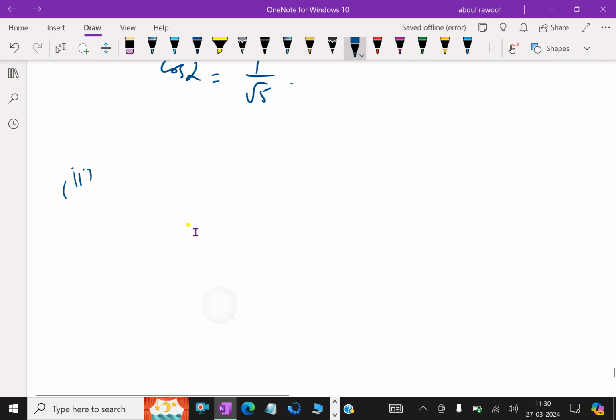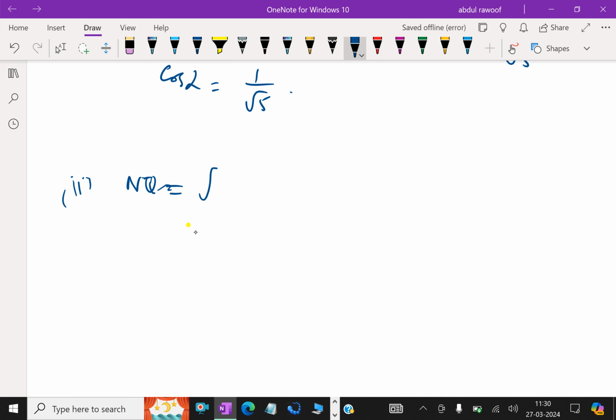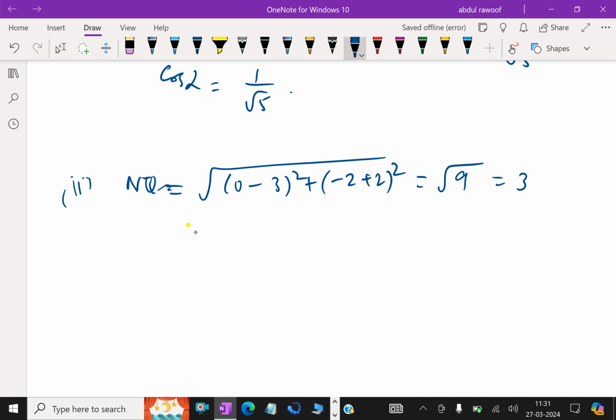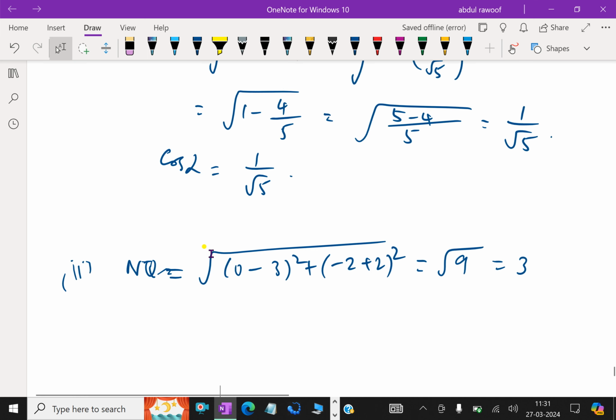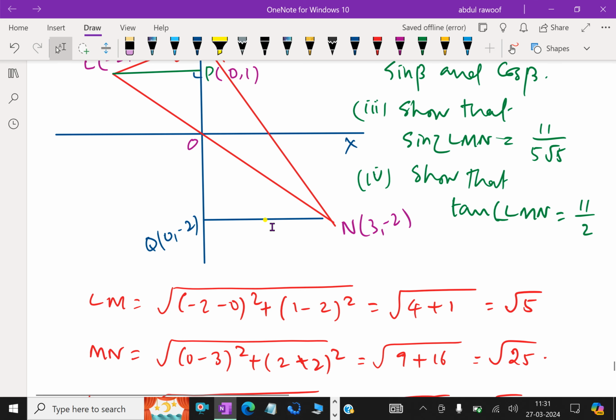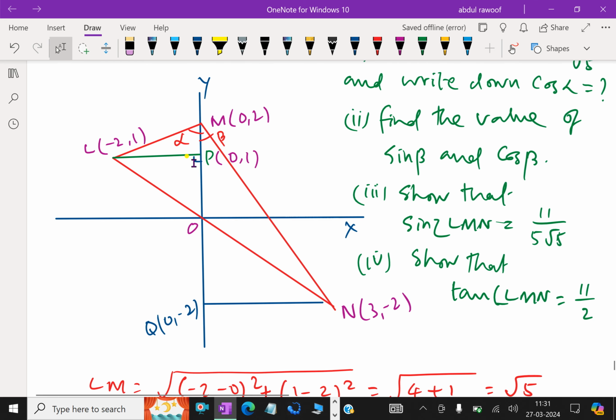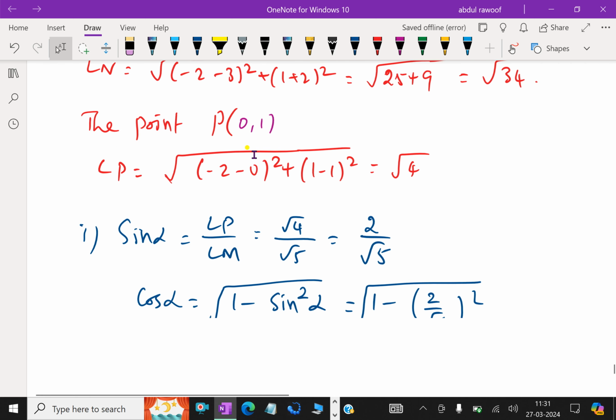NQ equals the square root of 0 minus 3, squared, plus minus 2 plus 2, squared, which is the square root of 9, equal to 3. Now we got the distance NQ. We already have sine alpha, then we need sine beta.